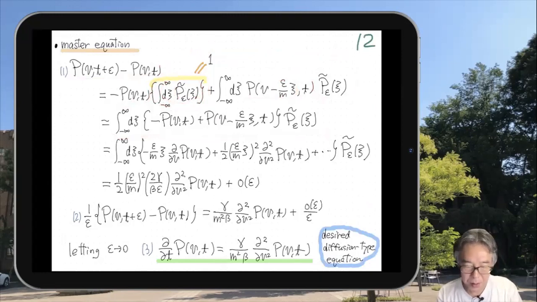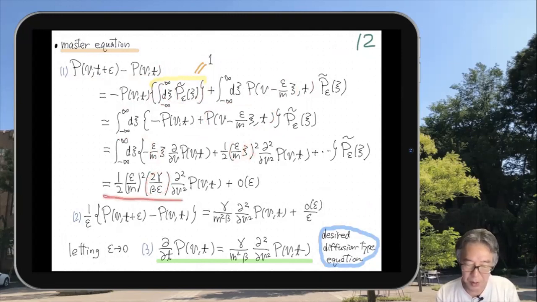Now since epsilon should be small, you Taylor expand this. The zeroth order vanishes, this is the first order, and this is the second order, and you perform the Gaussian integrals. Of course, here you get 0, and from psi squared, you get this factor.